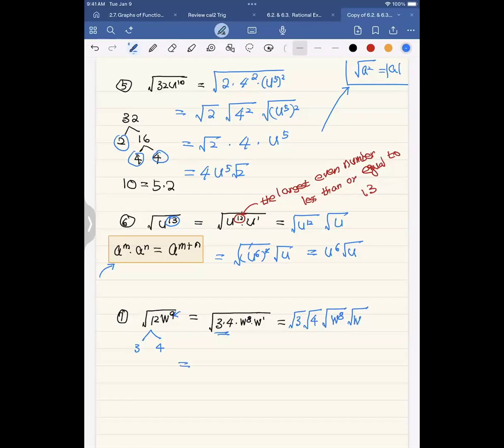So that's square root of 3 times square root of 2 squared times square root of w to the 4th power squared times square root of w.